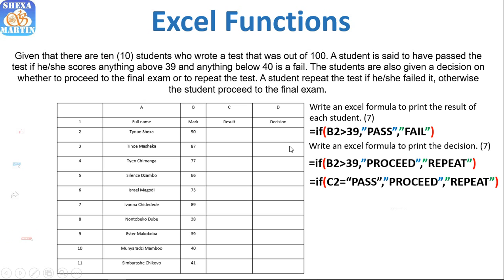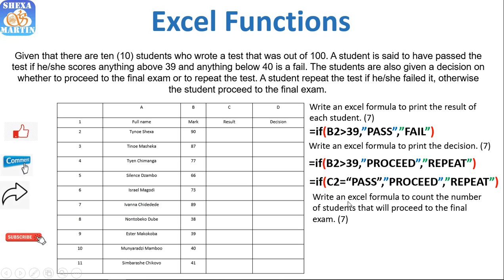Let's go to the next one. Write an Excel formula to count the number of students that will proceed to the final exam. A student repeats the test if he or she failed it, otherwise the student proceeds.